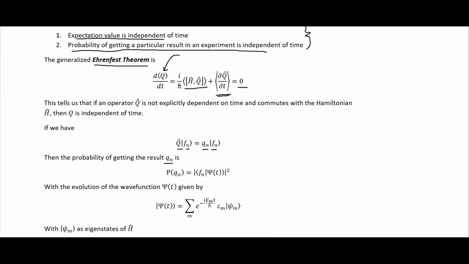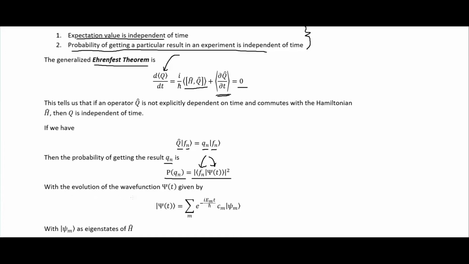Like with the Hamiltonian, it's energy, but here we're being very general, and I'll get into more specific examples in a little bit. So we want to know the probability of that q sub n, and it's equal to the inner product of our function with the wave function, squared, so the Born rule.